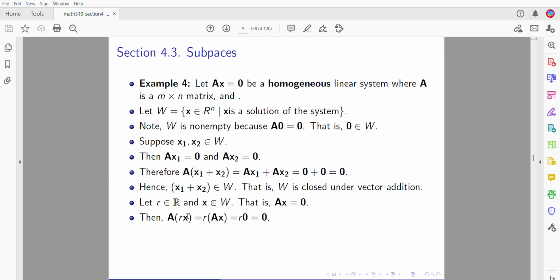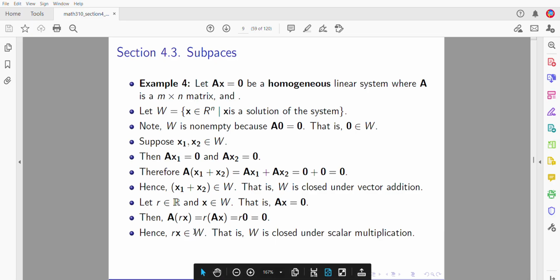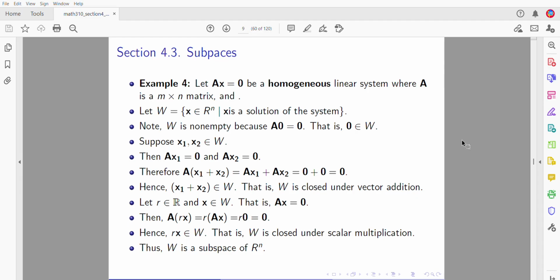So when matrix A multiplies, that real number gets multiplied to every entry of Ax. Ax is 0, so R times the 0 vector is 0. In other words, Rx is also a solution. So Rx is in W. So W is closed under scalar multiplication, which means W is a subspace. All right, let's continue in our next video.